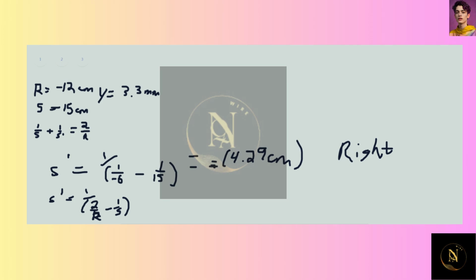All right. So again, we're also asked to figure out the size of the image. So again, m equals negative s prime over s, which also equals y prime over y. So using this s prime, we can get that m equals 4.29 over 15.